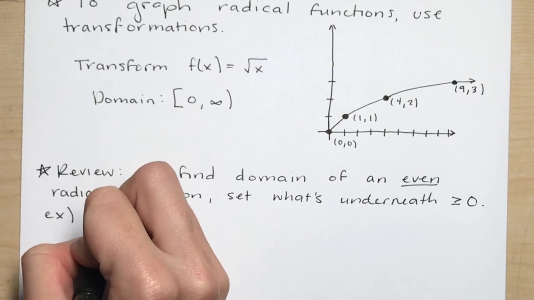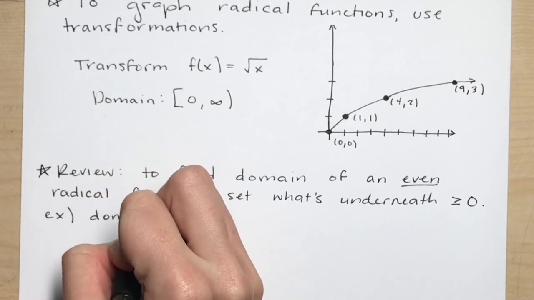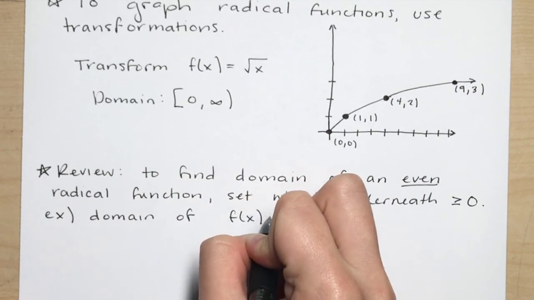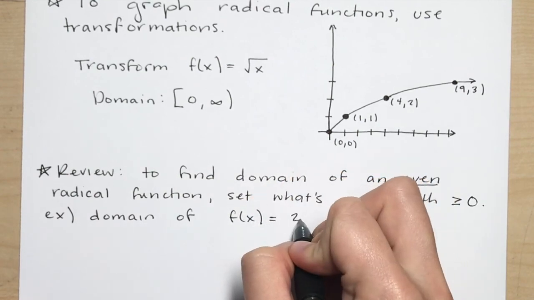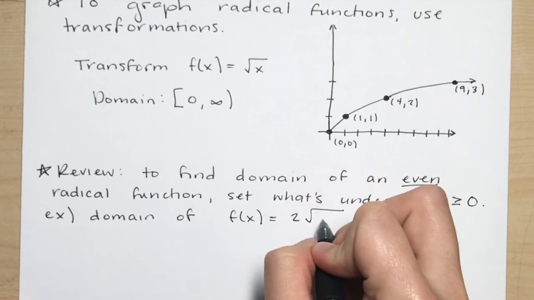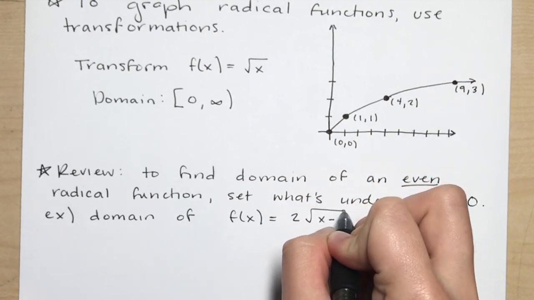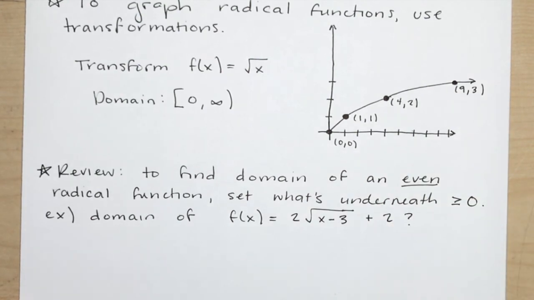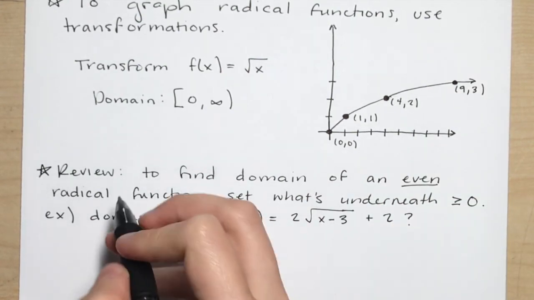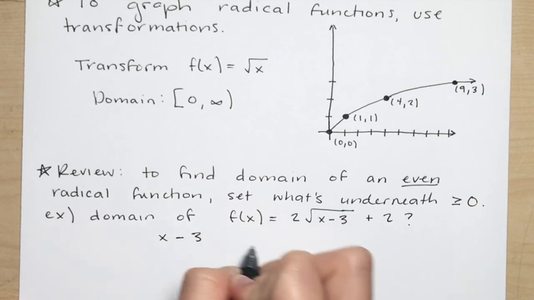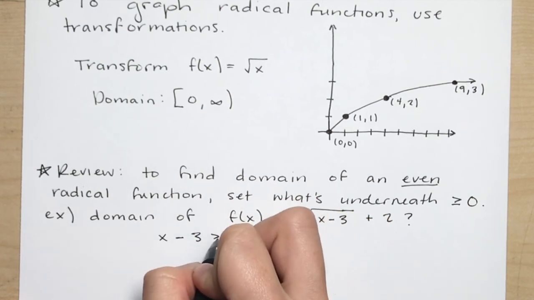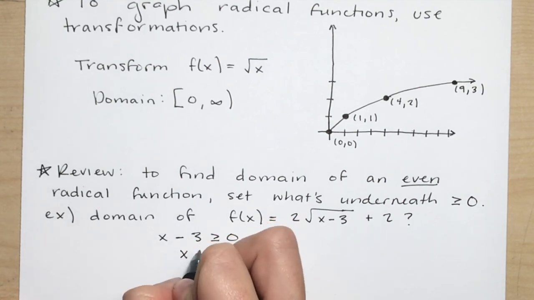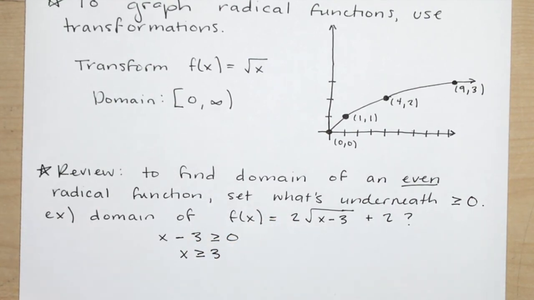Domain of f of x equals, let's say, 2 times the square root of x minus 3 plus 2. Well, we take what's underneath, so x minus 3, and set it greater than or equal to 0. We bring the 3 over. We have x is greater than or equal to 3.